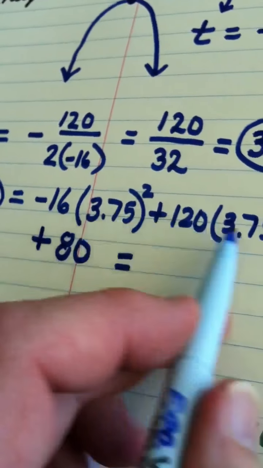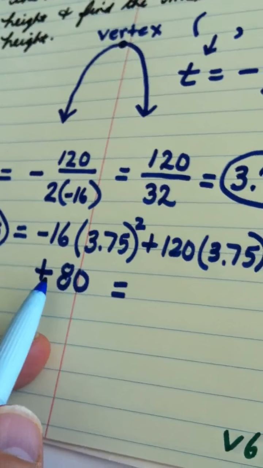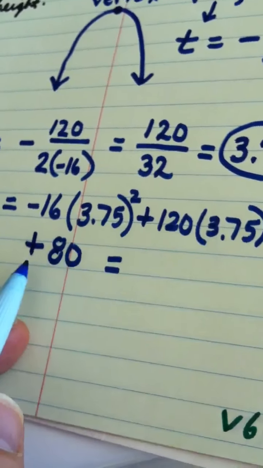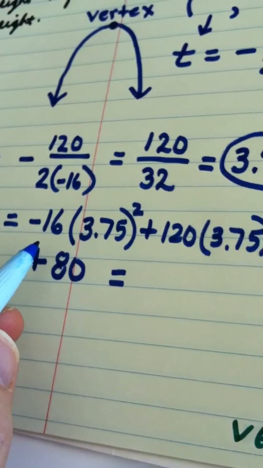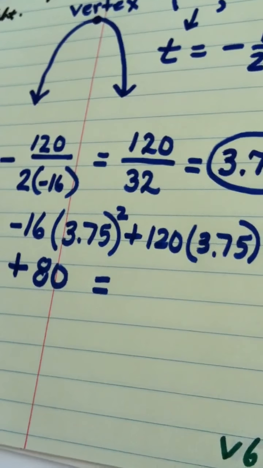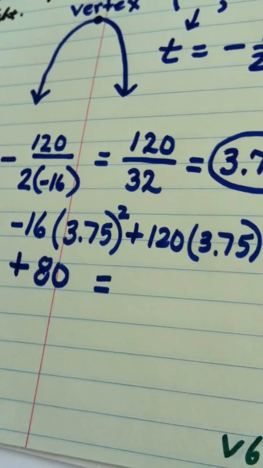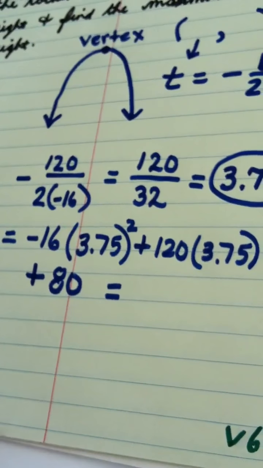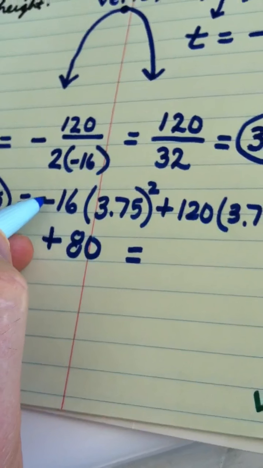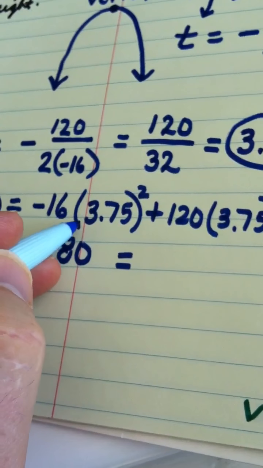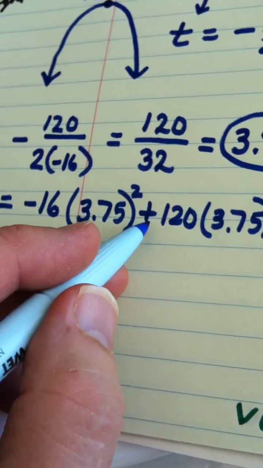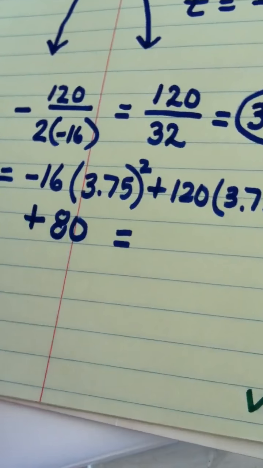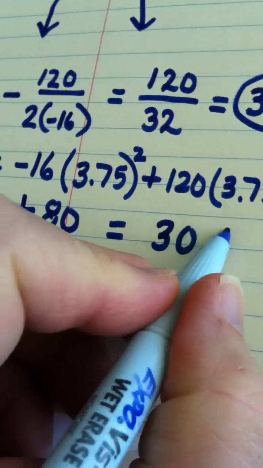When you do all this on your calculator, and by the way, this is just real easy to do. Just get into the calculator mode, not the graphing mode. And if you're in the graphing mode and you want to get back, you just hit second function, quit. That takes you back to calculator. You type in the opposite of 16, left paren, 3.75, right paren, caret 2, plus, and so on, and then hit enter. And you'll get the answer 305.